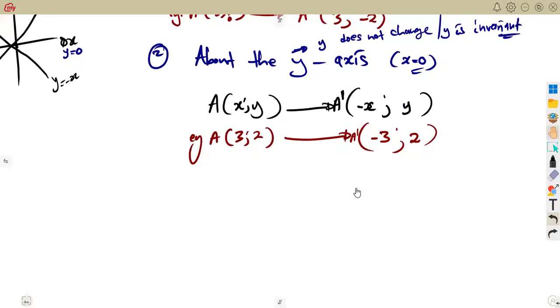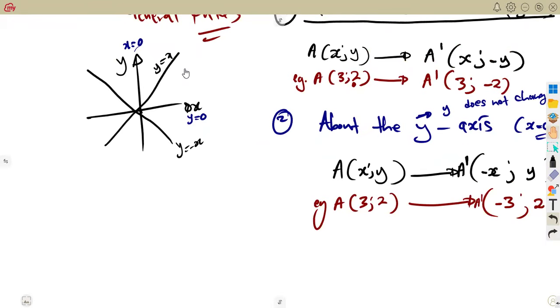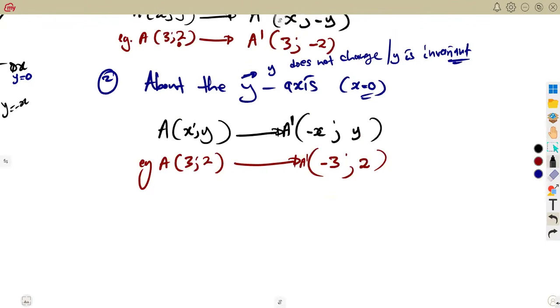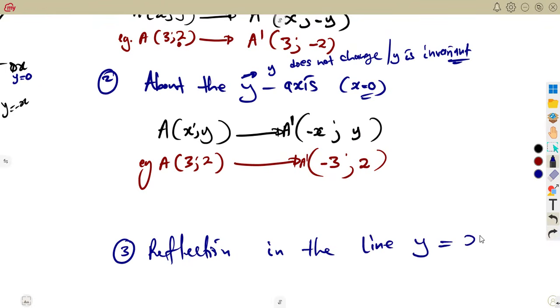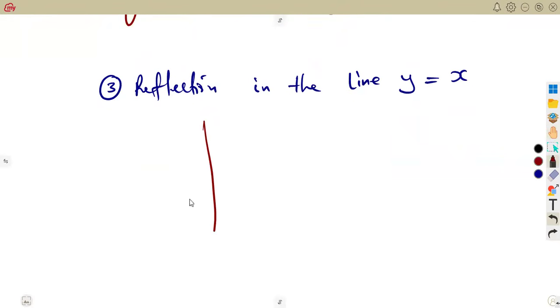So this can also happen in these two lines. Like I said, in the line y is equal to x, they can ask you that, another one that they need you to know in your syllabus. So we also need to know about a reflection in the line y is equal to x. The line y is equal to x is the one that has got a positive gradient, dividing our graph into two equal parts, having a positive slope.